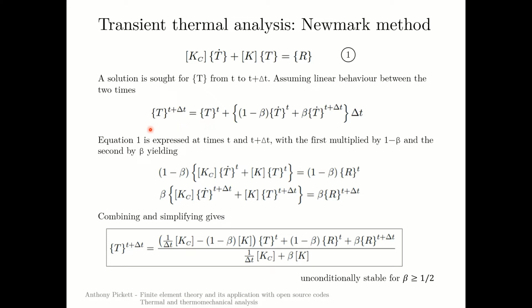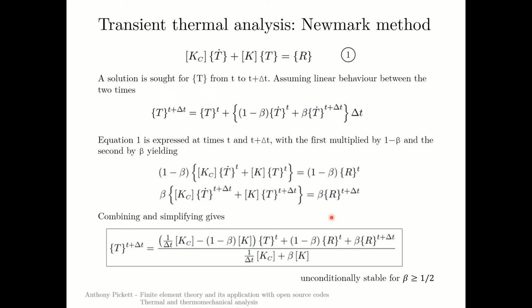So we can use this idea with this equation to come up with relations at time t and time t plus delta t. So expressing this at time t gives us this here, and expressing this equation 1 at time t plus delta t gives us these terms.